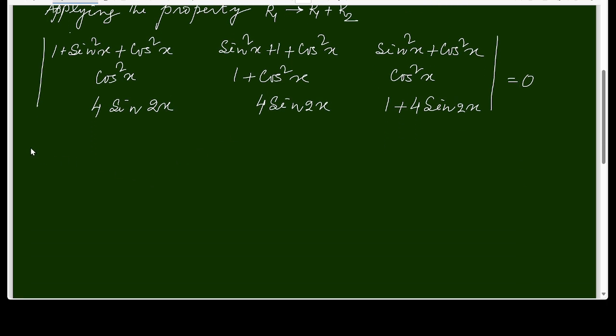So adding these two, I'm getting sine square plus cos square is 1, so this will be 2. Here also 1, this will be 2. And sine square plus cos square is 1.